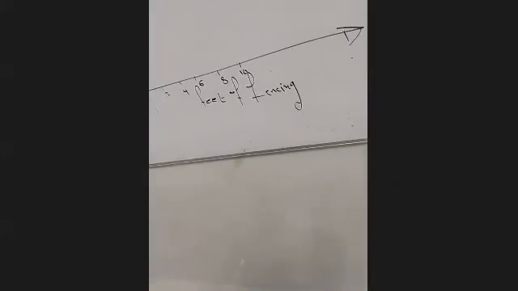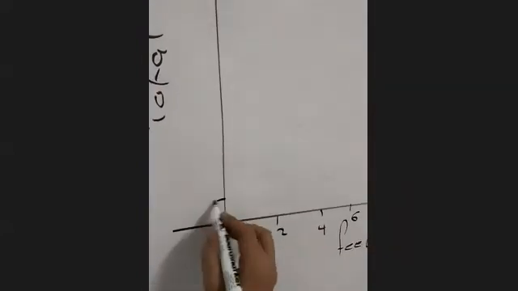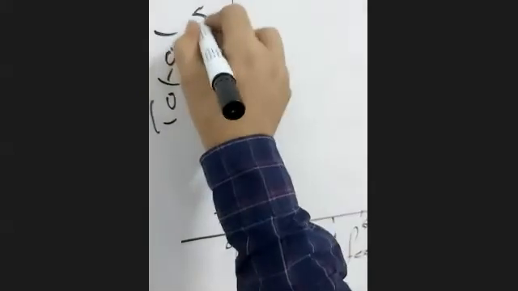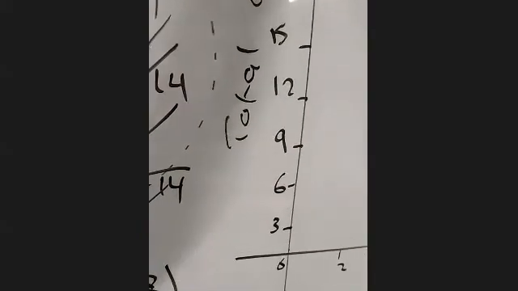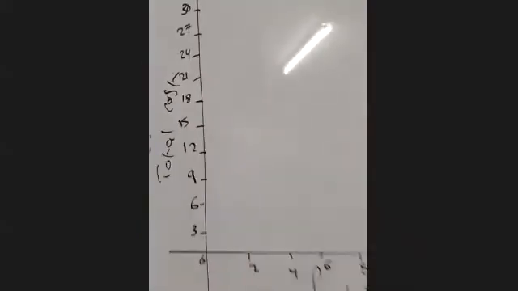And the numbers here, they wrote 0, 3, 6, 9, they added the 3's: 12, 15, 18, 21, 24, 27, 30, 33.